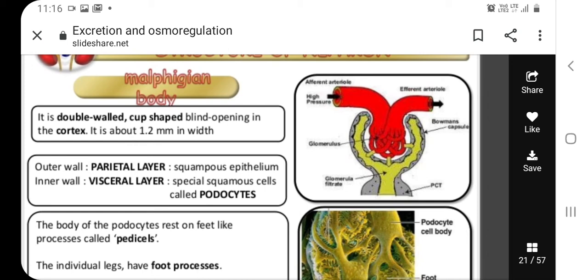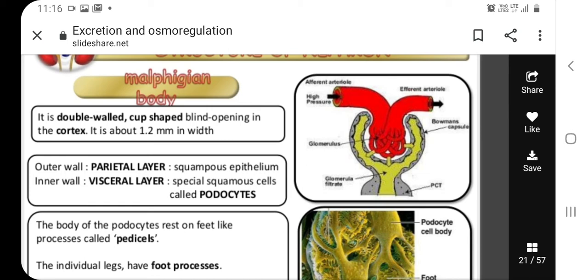The Malpighian body is a double-walled, cup-shaped blind opening in the cortex. It is about 1.2 millimeter in width.